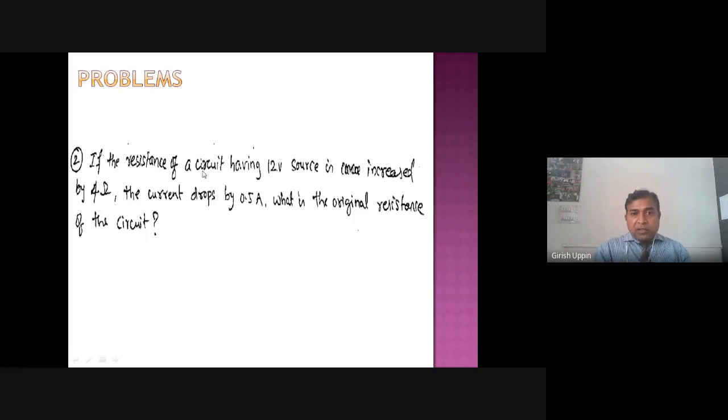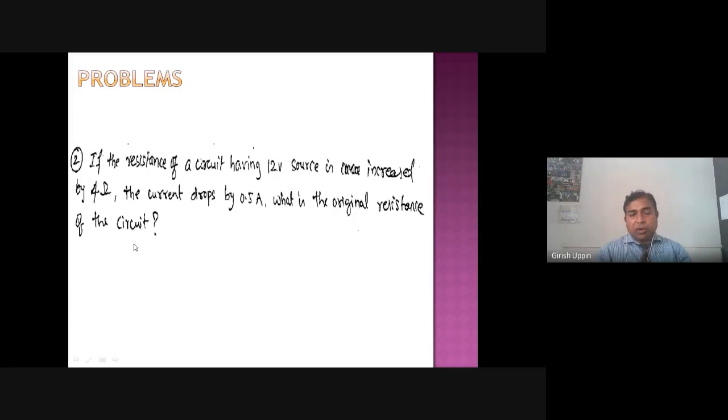There is a resistance connected to a 12 volt source. If this resistance value is increased by 4 ohm, the current will reduce by 0.5 amperes. What is the original resistance of the circuit?